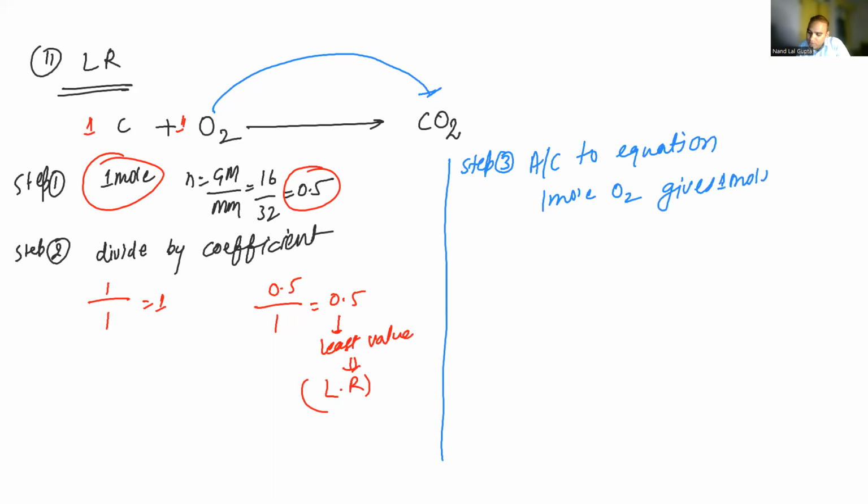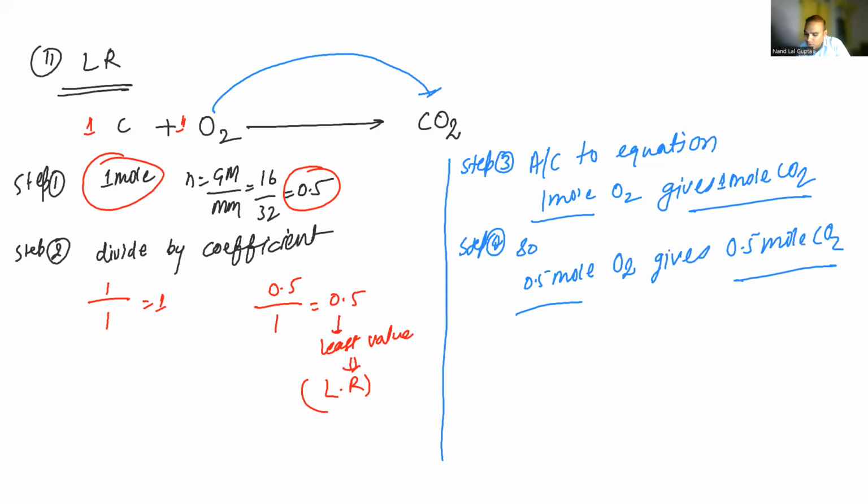Step number 4 you are saying. So 0.5 mole O2 gives how much? That is 0.5 mole CO2. Is it okay? 1 mole to 1 mole, so 0.5 mole to 0.5 mole.